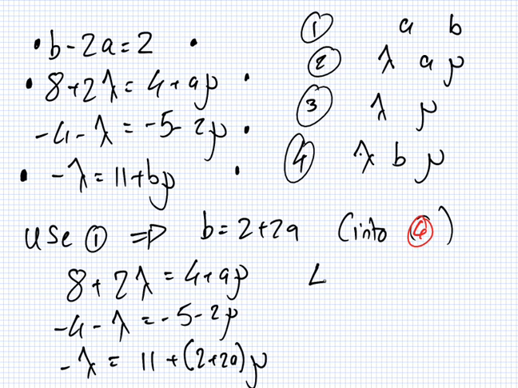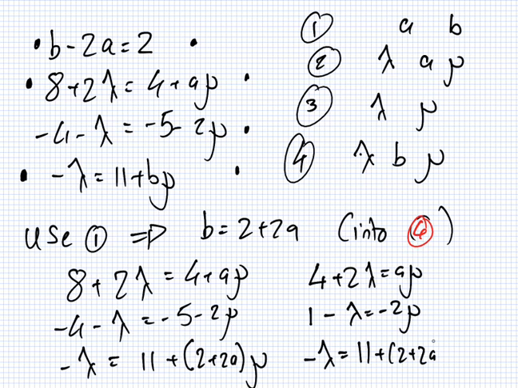This would be 4 plus 2 lambda equals A mu. This one here would be 1 minus lambda equals minus 2 mu, and this one here would be 11 minus lambda equals 11 plus 2 mu. No, I don't think there's anything I can do there. 11 plus 2 plus 2A mu.